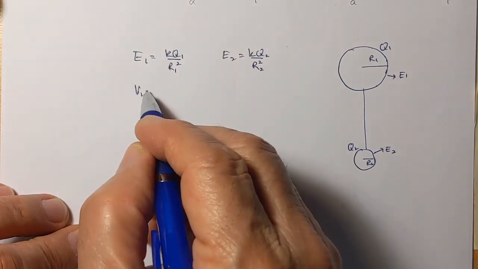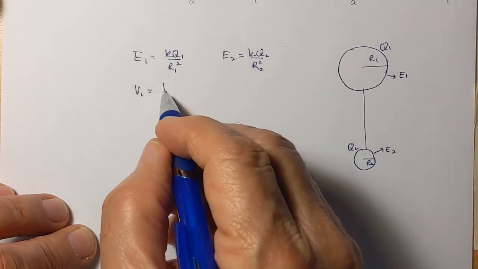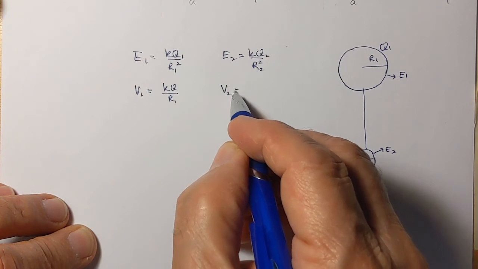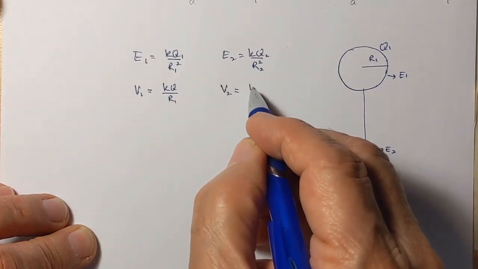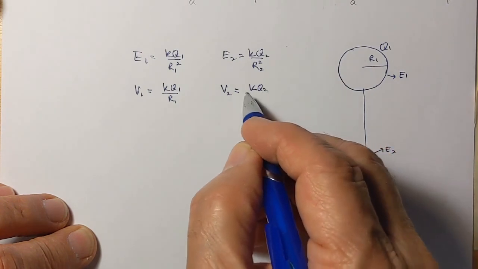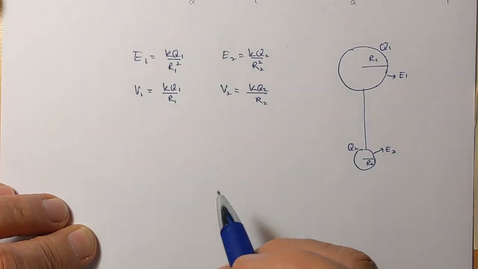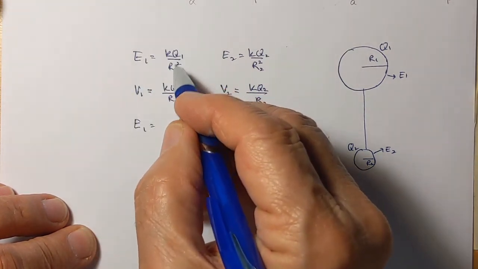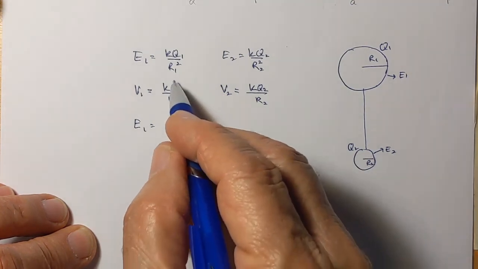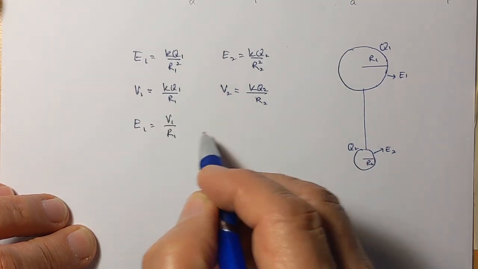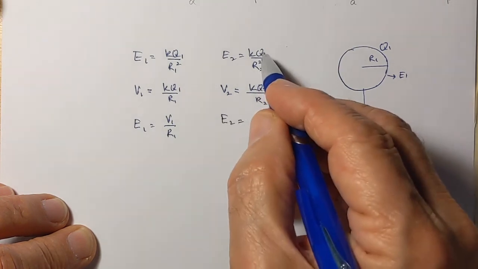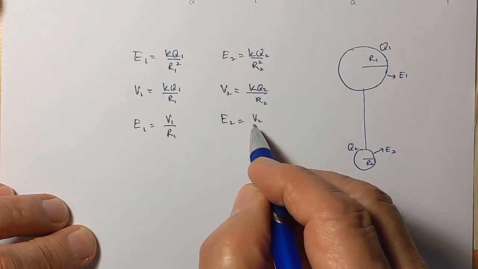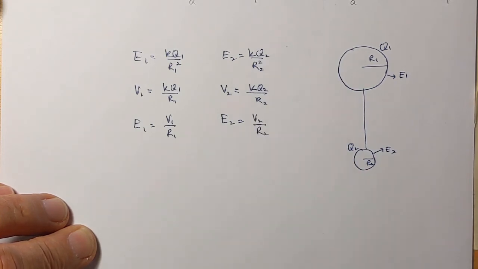Now we know that the potential for 1 is going to be KQ1 over R1, the potential on the surface, and the potential on the surface for number 2 is going to be KQ2 over R2. And so we can write E1 as KQ1 over R1 and another R1, so that's going to be V1 over R1, and E2 can be written as KQ2 over R2 and R2, so one of them becomes V2, and we have the other R2.